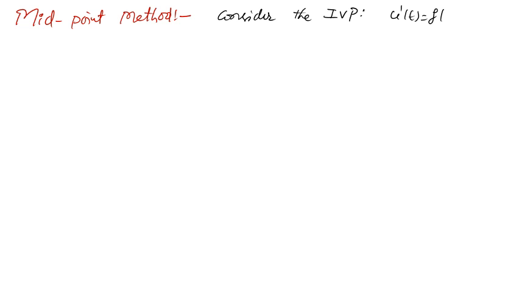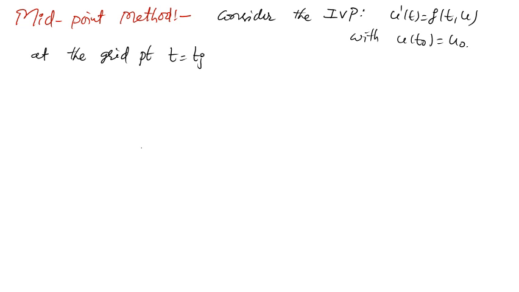Next method is midpoint method. What is midpoint method? Consider the initial value problem u dash t equal to f of t comma u with initial condition u of t naught equal to u naught. Okay. At the grid point t equal to tj, we have u dash of tj equal to f of tj comma uj, right?